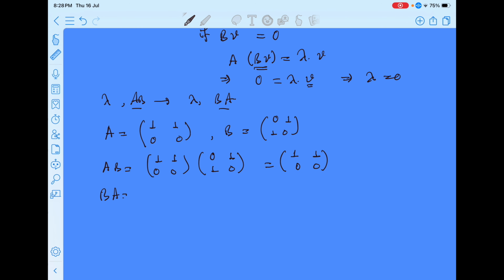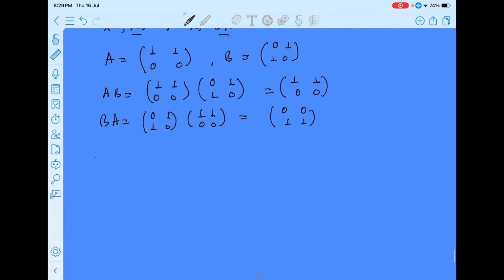And BA is [[0,1],[1,0]] times [[1,1],[0,0]], which equals [[0,0],[1,1]].